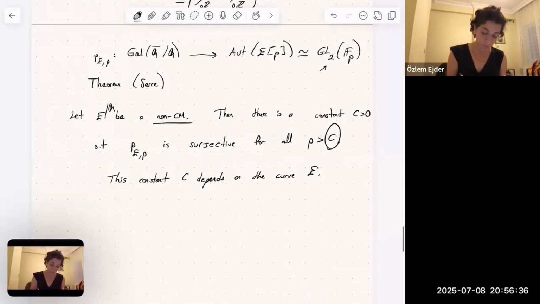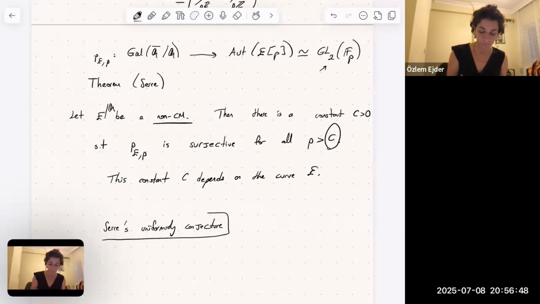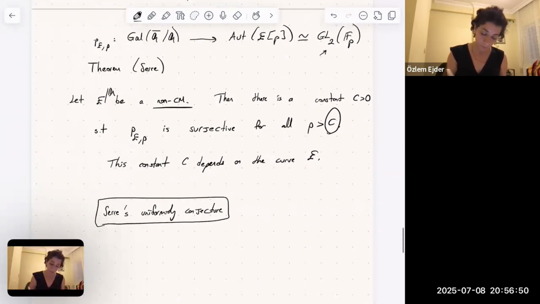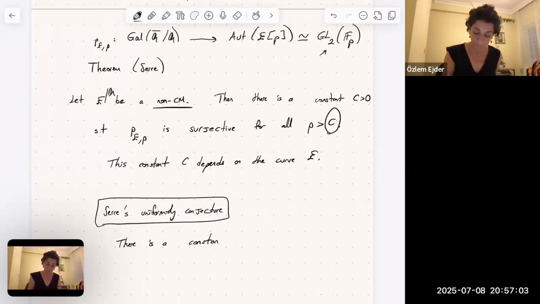Now, the conjecture. This is called Serre's uniformity conjecture. It says that there is a constant C that does not depend on the curve that you work with.